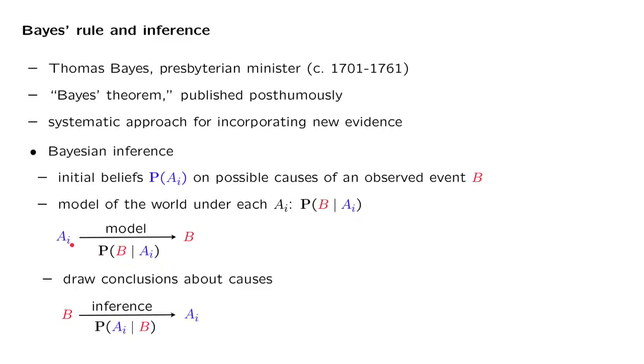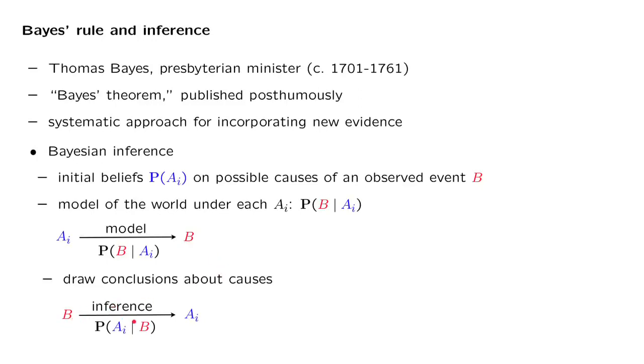Under each particular situation, the model tells us how likely event B is to occur. If we actually observe that B occurred, then we use that information to draw conclusions about the possible causes of B, or conclusions about the more likely or less likely scenarios that may have caused this event to occur. And that's what inference is.